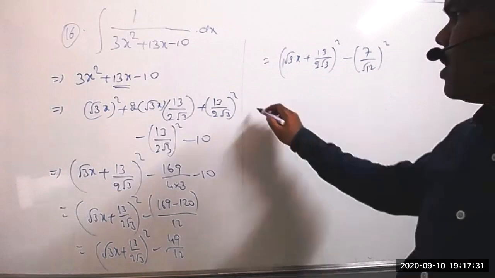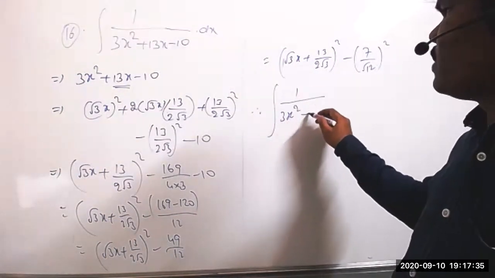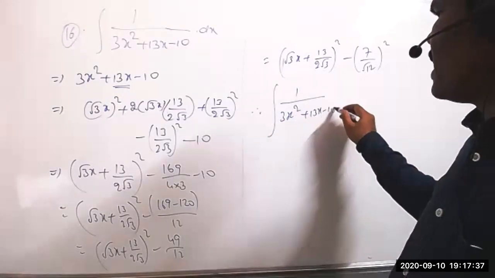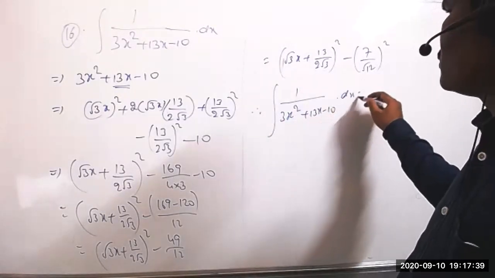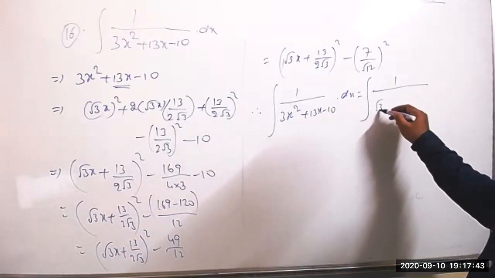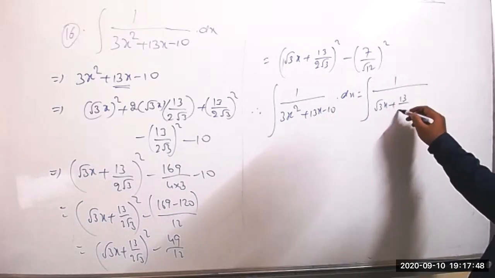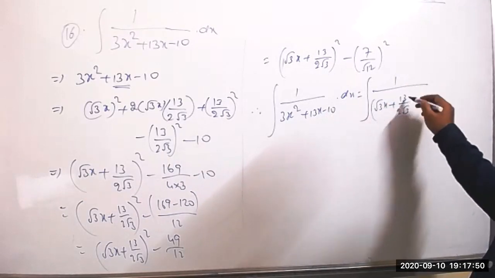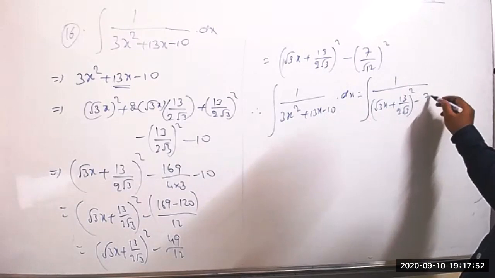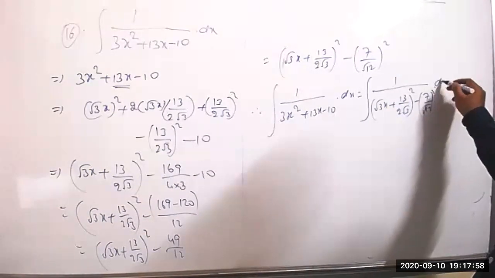Now you can find it. Therefore, integration of 1 by 3x square plus 13x minus 10 into dx is equal to integration of 1 by root 3x plus 13 by 2 root 3 whole square minus 7 by root 12 whole square into dx.